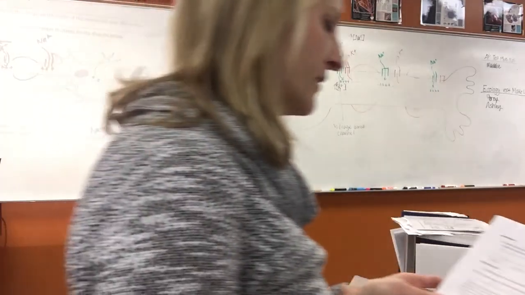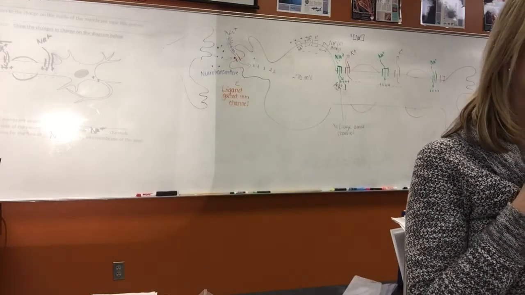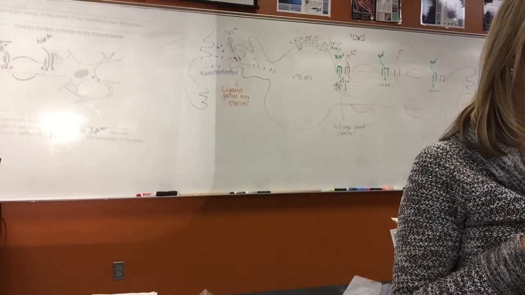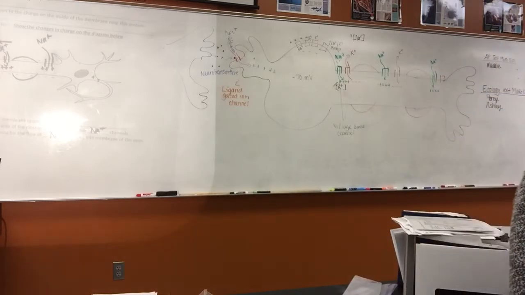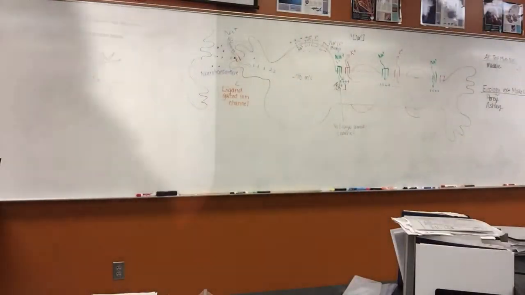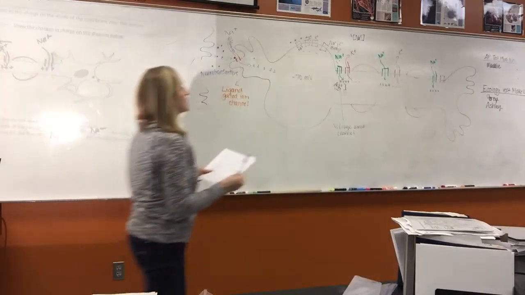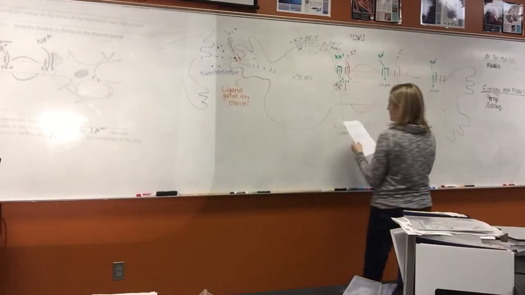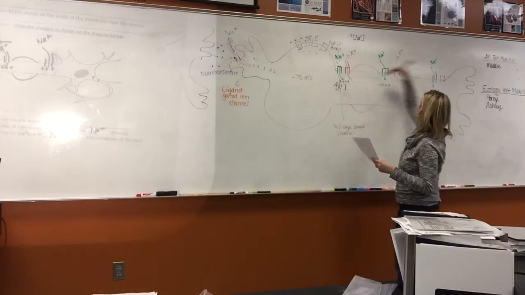I have to say, for number 2, when I was doing this, I personally thought D could also be an answer. The question is: during depolarization, which of the following statements about voltage ion channels is true? Depolarization is when the sodium gates open and you have the influx, that's this right here.